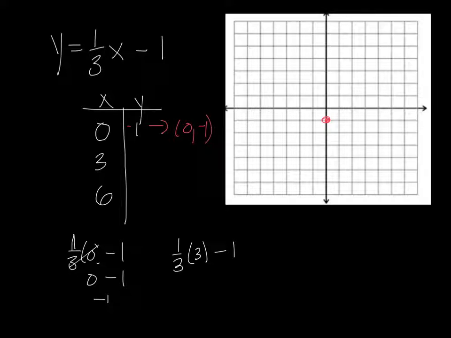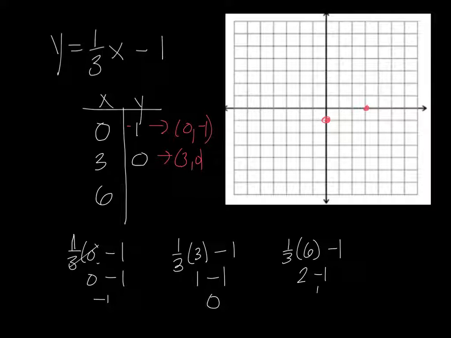So I have 1/3 times 3. Well, 3 divided by 3 is 1. And 1 minus 1 is 0. So that means when x is 3, y is 0. So I'm going to have to graph that point, 3, 0. And then I have one more to plug in. 1/3 times 6 minus 1. 6 divided by 3 is 2.